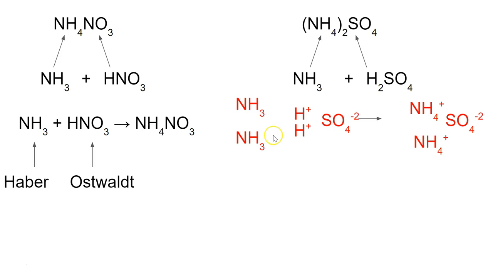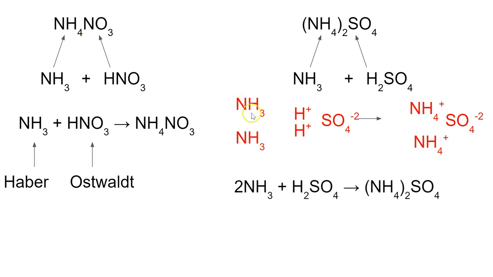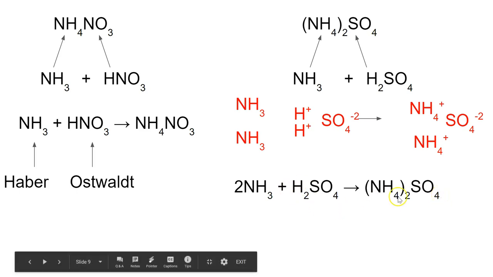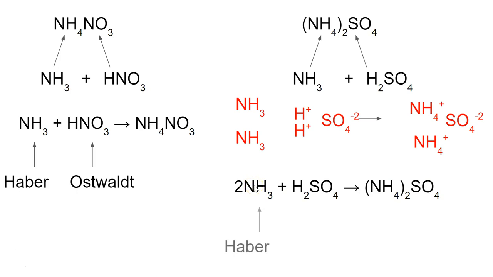So as you can see, if I have 2 ammonia molecules and combine that with 1 unit of sulfuric acid, I will get ammonium sulfate, which has the formula (NH4)2SO4. So there's my balanced equation for this reaction. Ammonia we know already is produced from the Haber process, and sulfuric acid is made using the contact process, which we will do in another video.